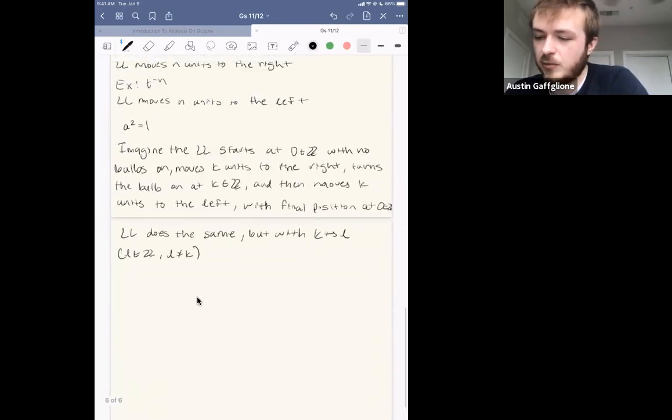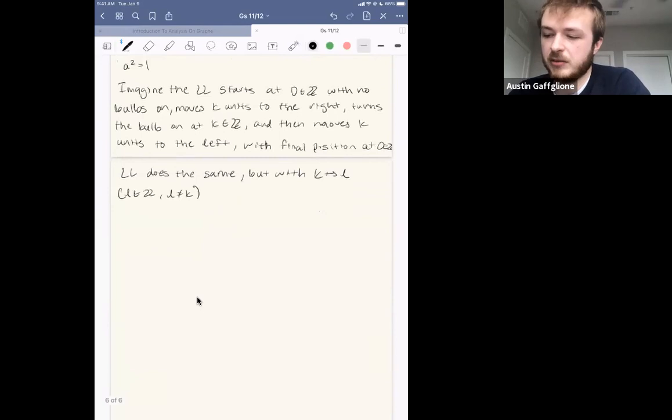The reason I want to mention this is because if the Lamplighter moves K units to the right, turns the bulb on, moves K units back to the left, and does the same thing with L, except L is not equal to K, so moves L units to the right, turns on the bulb at L, and moves L units back to the left, so back to 0, I can interchange these 2 actions, and I still get the same Lamplighter picture.